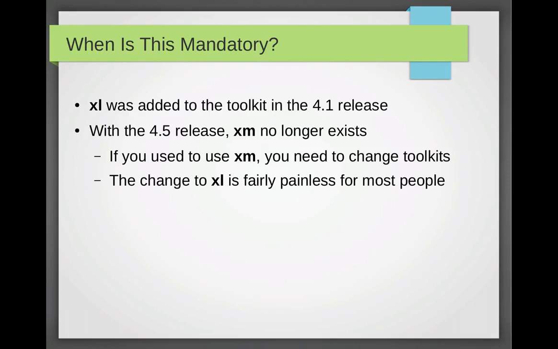Now, in the interim releases, if you're using 4.1 through 4.4, you can use either XM or XL. So if you're in that state right now and you want to get used to working with XL, as I said before, disable the XenD daemon and you can start using XL right away without doing any sort of upgrade whatsoever.